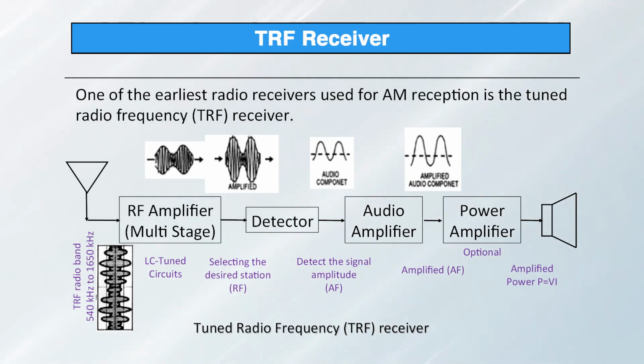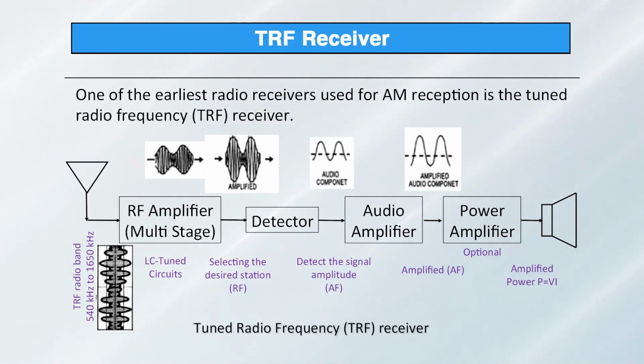The detector stage in the TRF receiver is crucial for extracting the audio signals from the modulated carrier wave. This stage follows the RF amplifier and precedes the audio amplifier. The function is to convert the modulated RF signal, which carries the audio information, into a baseband audio signal. Typically, it demodulates the amplitude modulated AM signal and recovers the original audio frequency variations.